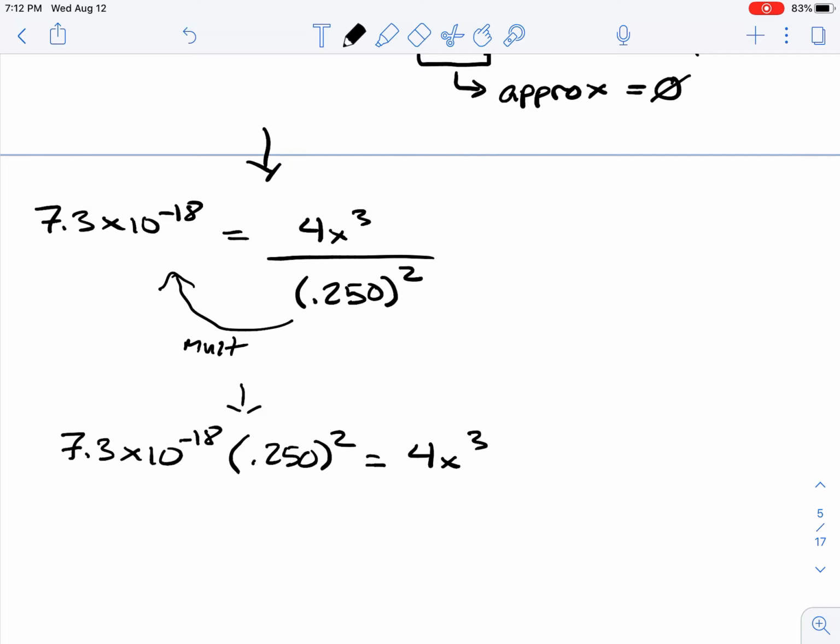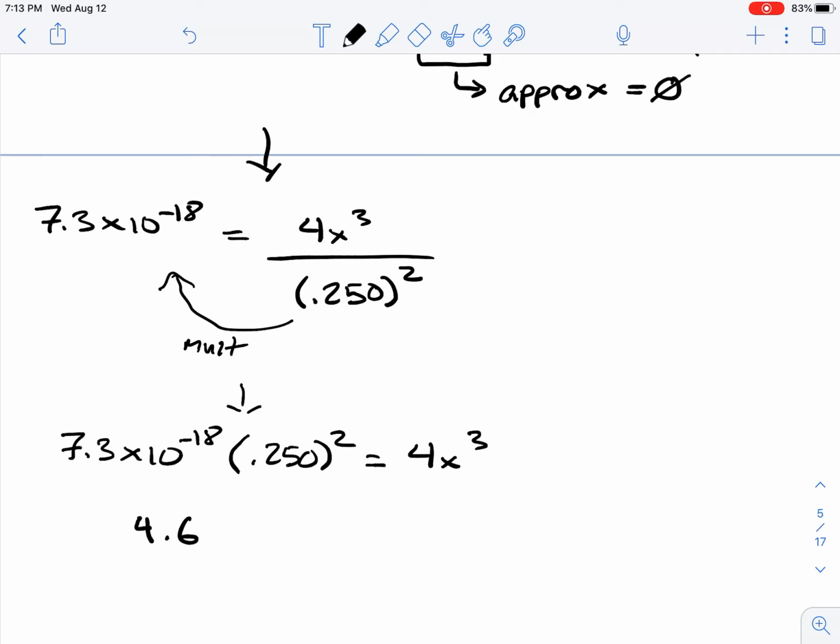Okay. So if I plug that into my calculator, so 7.3 times 10 to the negative 18 times 0.250 squared, that's going to give me a value of, 2 sig figs here, so 4.6, so I'm rounding up.